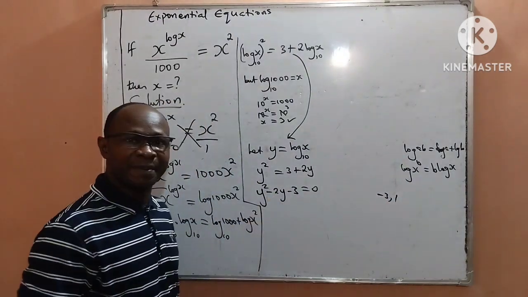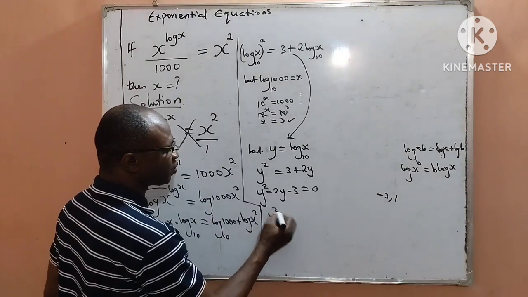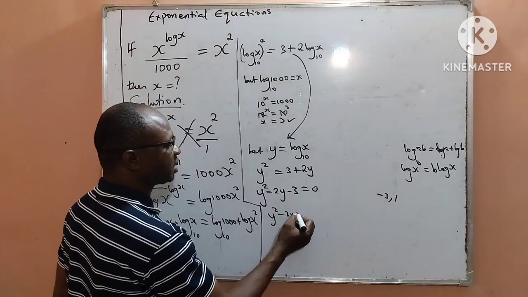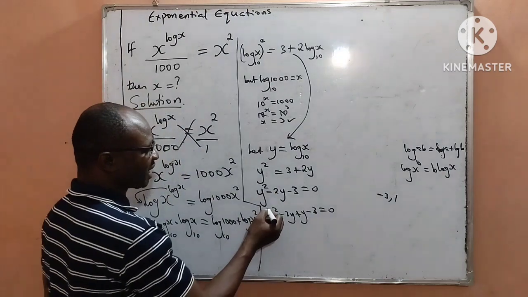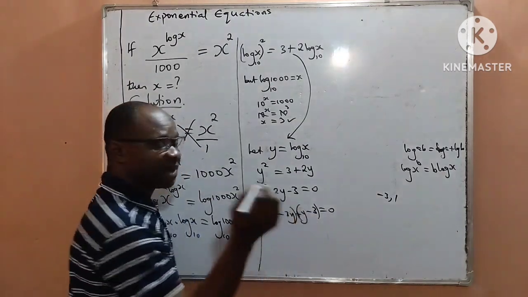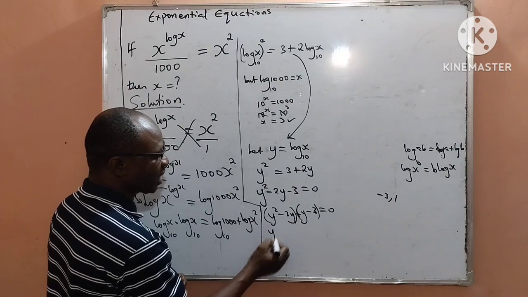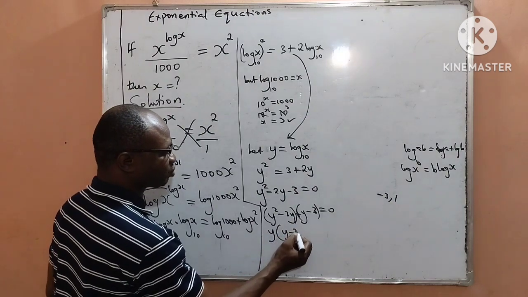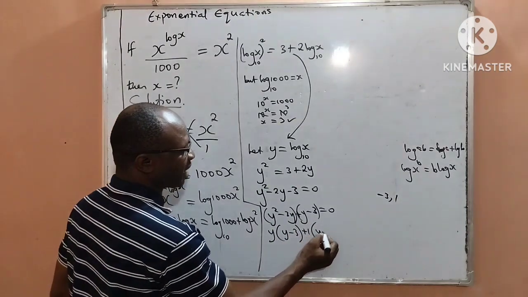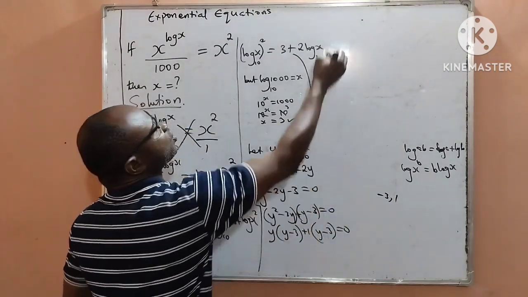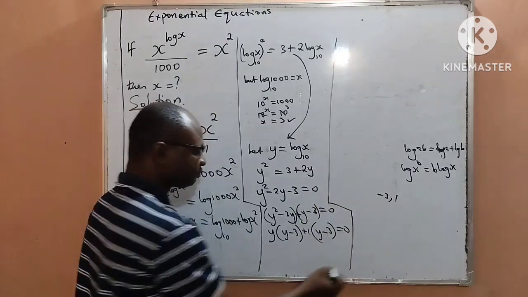So using it to replace the middle term becomes y squared minus 3y plus y minus 3 is equal to 0. Factorizing it, from the first bracket what is common is y, leaving me with y minus 3, and from the second bracket plus 1 is common, to leave me with y minus 3, all equal to 0. Very correct.